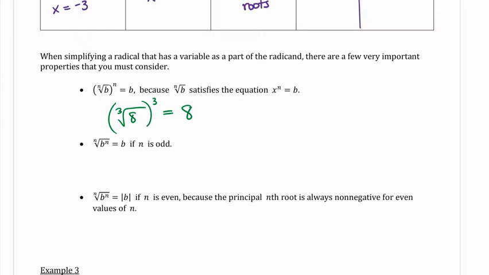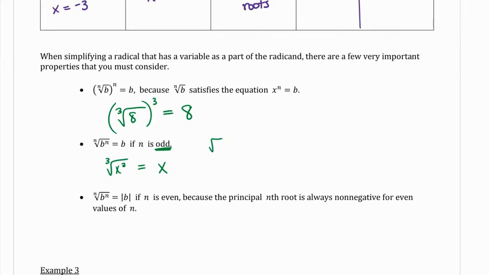Okay, our next two have more to do with our variables, but we'll look at some number examples with how these work. So if your index is odd, then when you take the nth root of something to that same nth power, you just end up with that same thing. So if I have the cube root of x cubed, then we just get x. This is what we just did above.